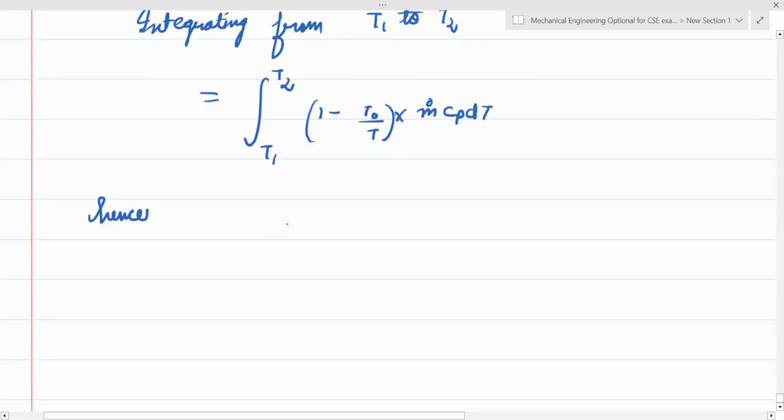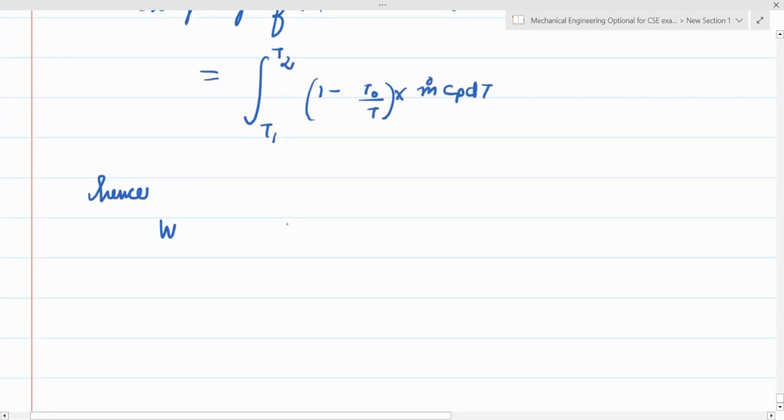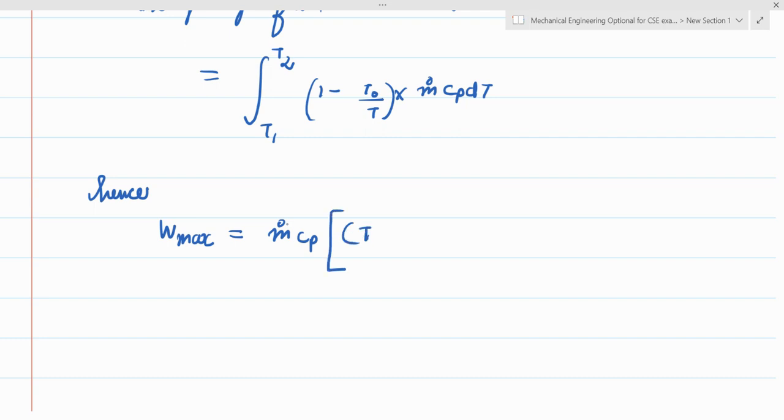Hence W max equals m dot Cp into T2 minus T1 minus T0 ln T2 by T1.